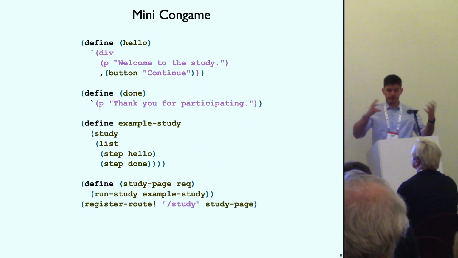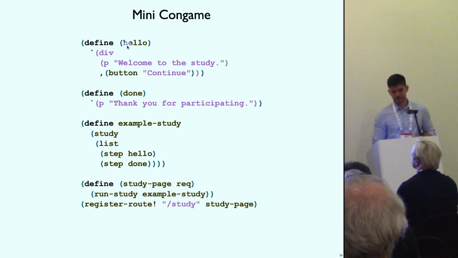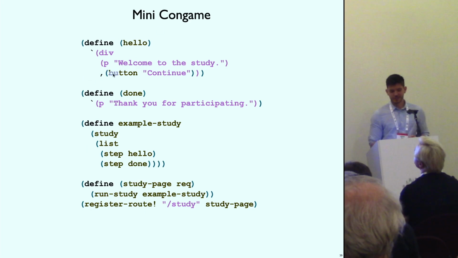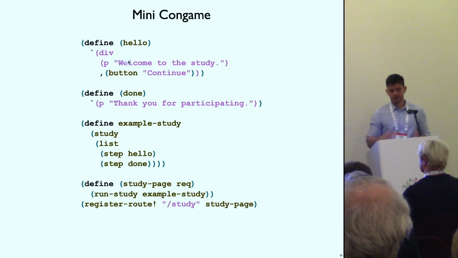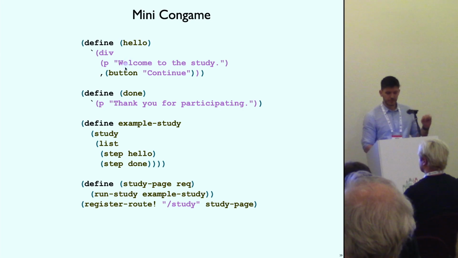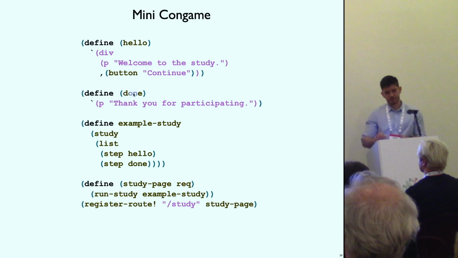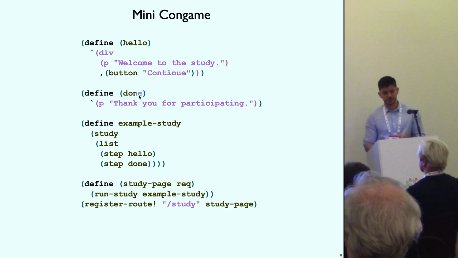And then putting it all together, you might have a little study that doesn't do much, but it renders a page with a paragraph that says, welcome to the study, and uses a button widget to let the user continue on to the next step. And then the next step, in this case, is just done, and it says, thank you for participating.